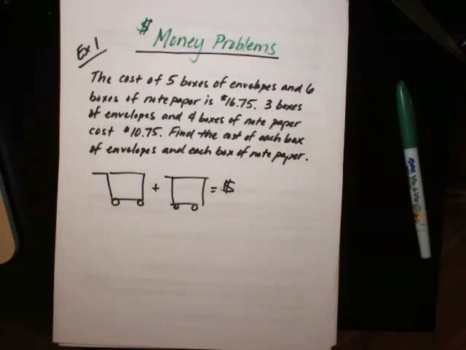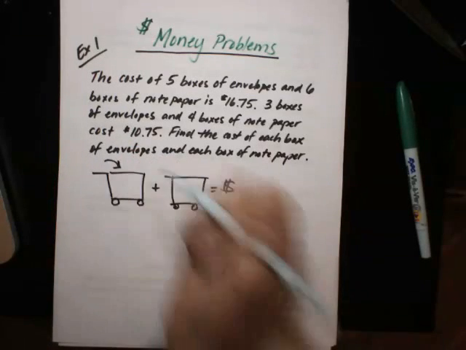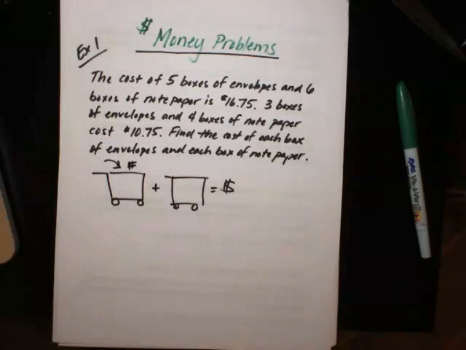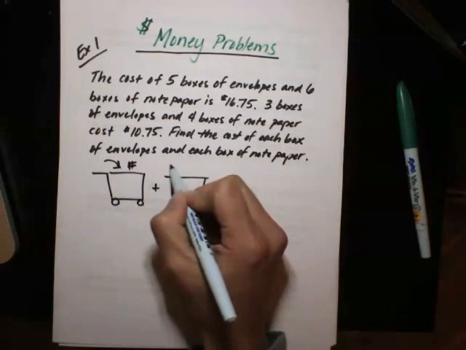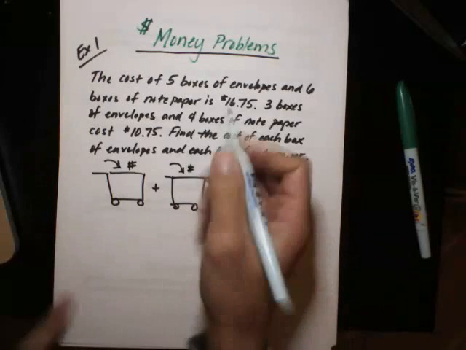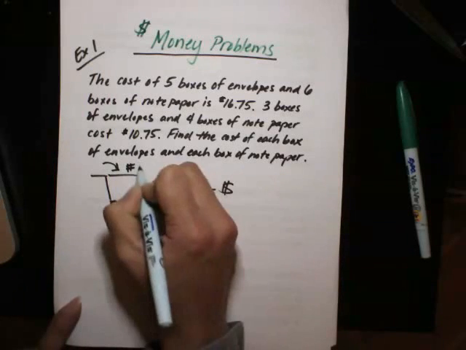So at the end of the day, what I'd like you to do is make sure that what you're putting in is the number of, before we said number of pounds, in this case it's going to be number of boxes of envelopes. And in this box we'll put the number of boxes of notepaper.